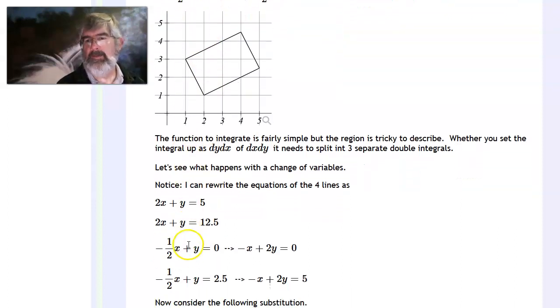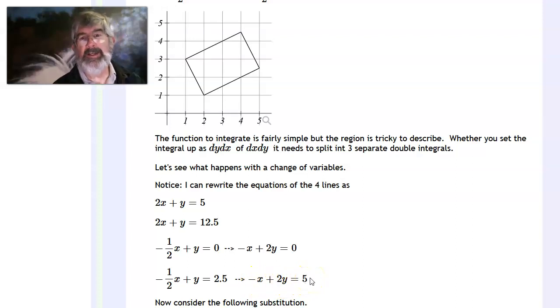In this case, though, just to make things a little simpler and not deal with the fractions, I'm going to multiply both sides by 2, to end up with this. And what I notice is that these two have an expression of x and y, 2x plus y equal to one constant, and 2x plus y equal to another constant. Those were these two edges. And likewise, the other two edges, being parallel lines, could be written this way, with minus x plus 2y equals one constant, and minus x plus 2y equals another constant.